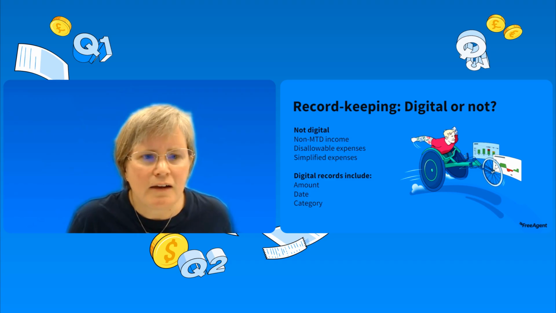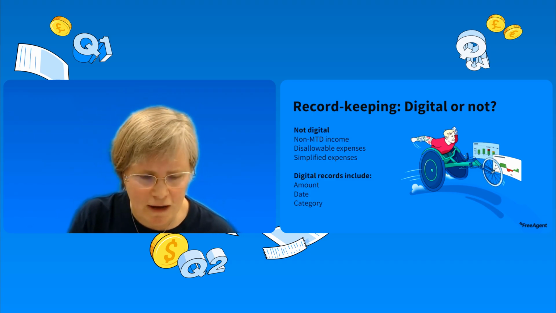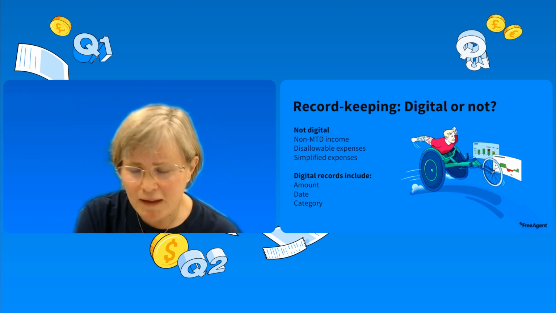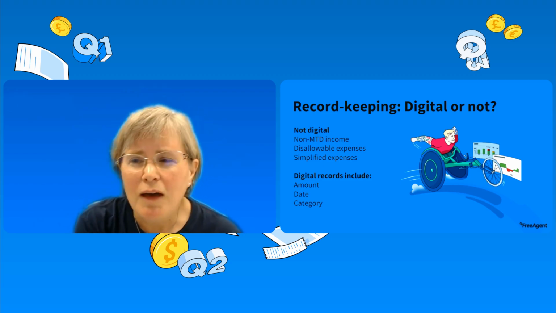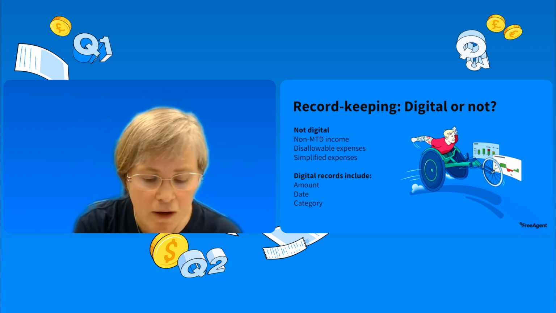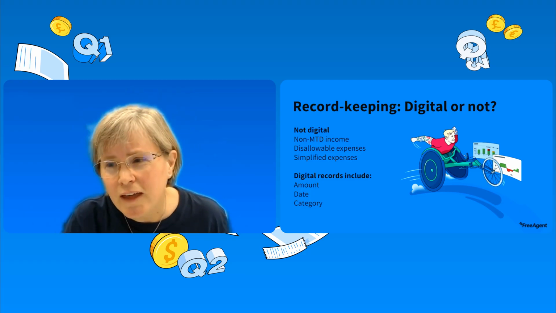So what does that include? If you're receiving dividend income, so you have a portfolio of shares, if you get bank interest income, if your bank pays you a bit of interest, if you have a job as well as renting out properties, and your job can be with your own limited company, that is not Making Tax Digital qualifying income.